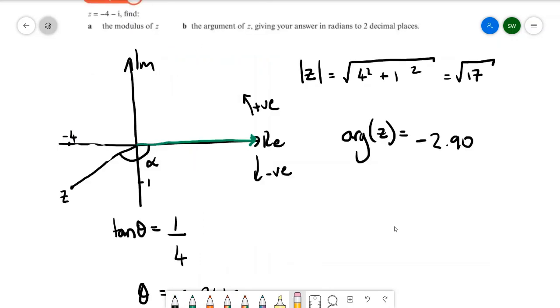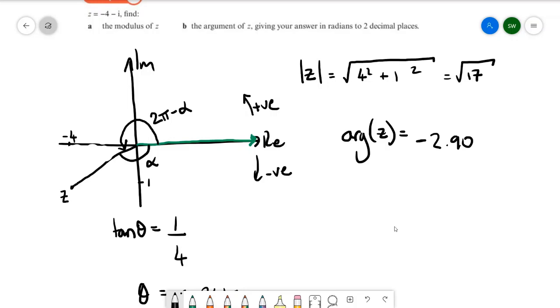It's worth just taking a look at what you would use if you weren't using the principal argument. If you weren't using the principal argument, then you would be allowed to say that the argument of this complex number is that angle in the positive direction. And that angle would be 2 pi minus alpha, 2 pi being the full circle, 360, minus the angle.